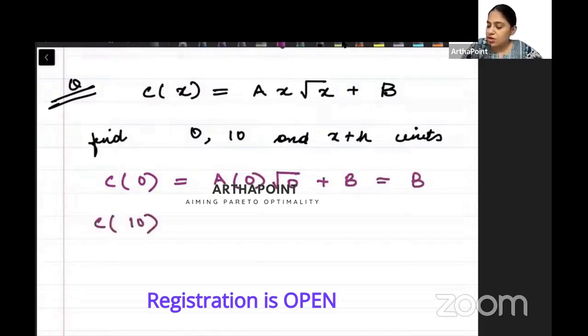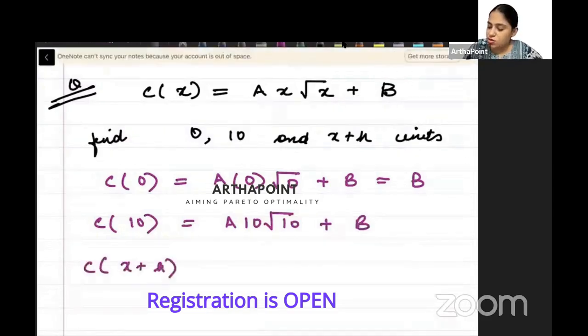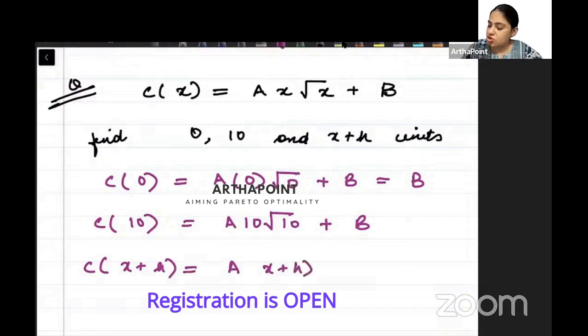Instead of x I will put 10: a into 10 root 10 plus b. Instead of x I will put x plus h: a into (x plus h) root of (x plus h) plus b.